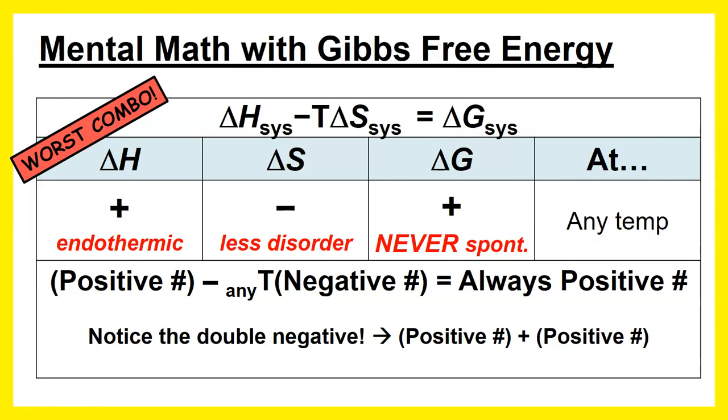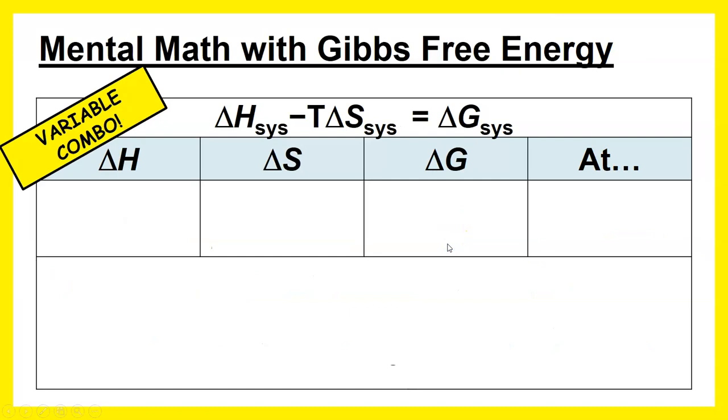Really important to understand that if you have endothermic and you're getting less entropy, really bad. The other combinations are what we call variable. Not quite as straightforward.